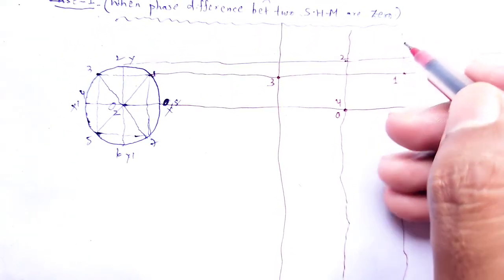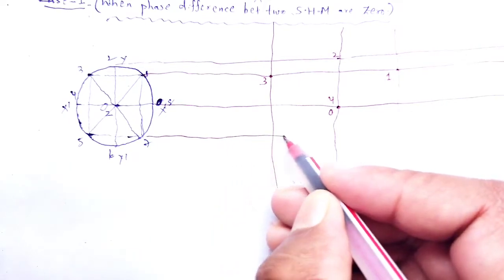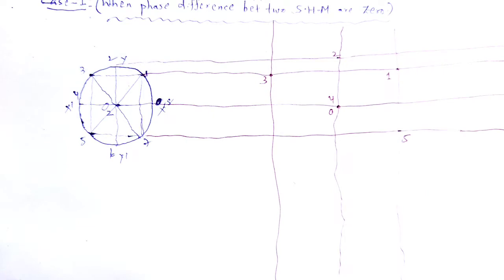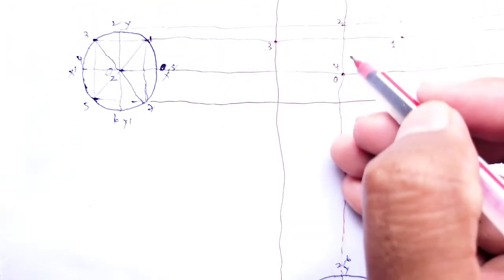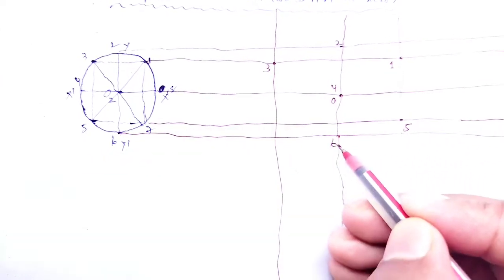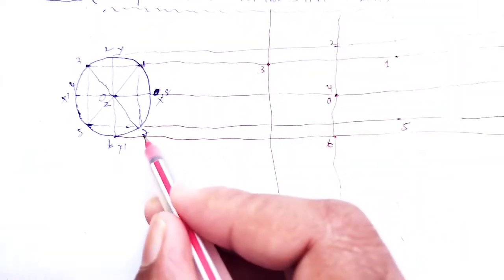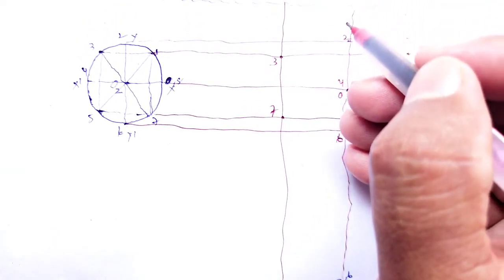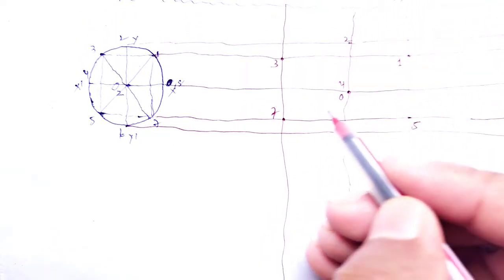For 5, that line for 5, then 6, that point for 6, then 7, that line for 7, and here for 7 the point is 7, then 8, that line for 8, and here for 8.